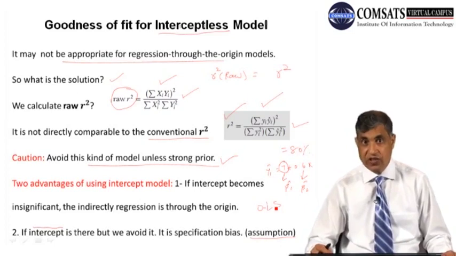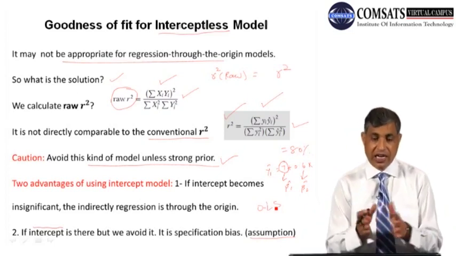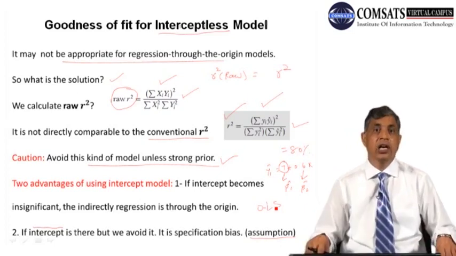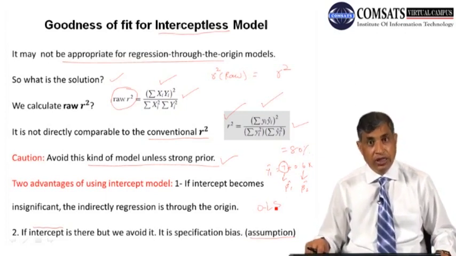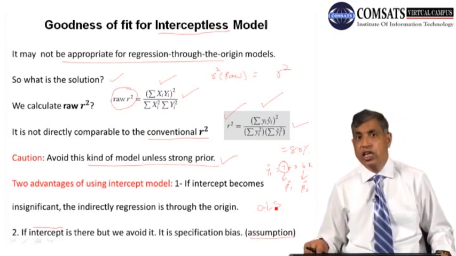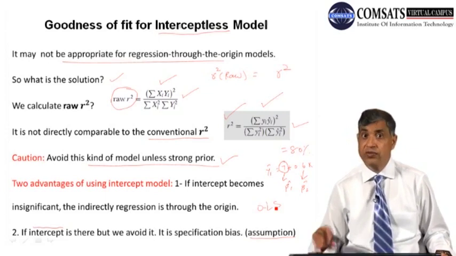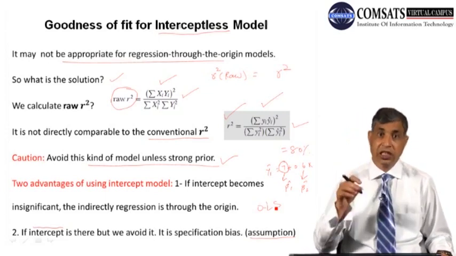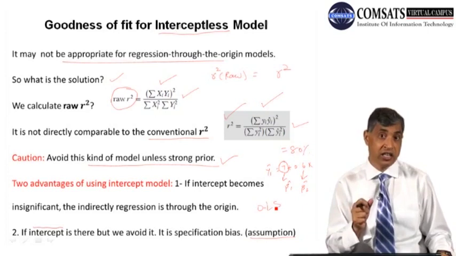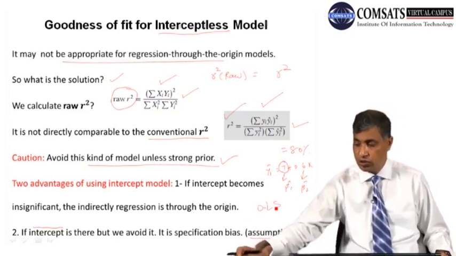It is called the specification bias. So at the end of this slide, just one sentence: avoid running the regression through the origin at any cost. But if you think there is some special, concrete, strong, solid reason behind this, then you go for this.